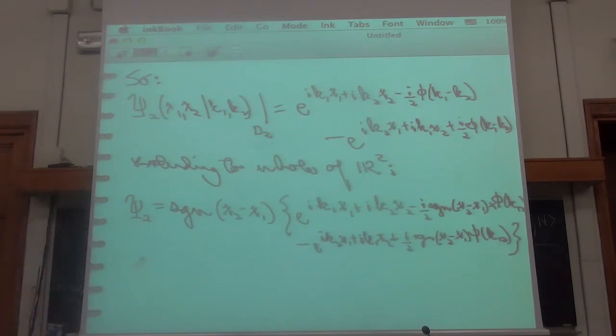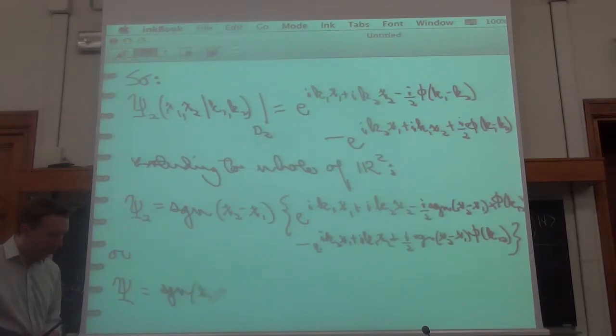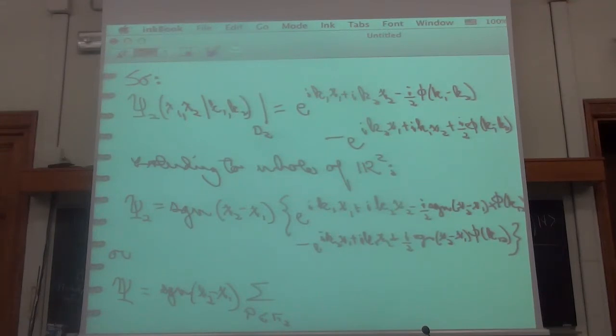Or more aesthetically, in a more succinct notation, we will have that this is the sine of x2 minus x1 times the summation over permutations of the twofold permutation group, with the signature of the permutation. So you understand that?